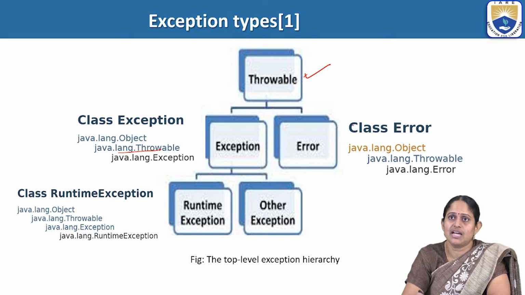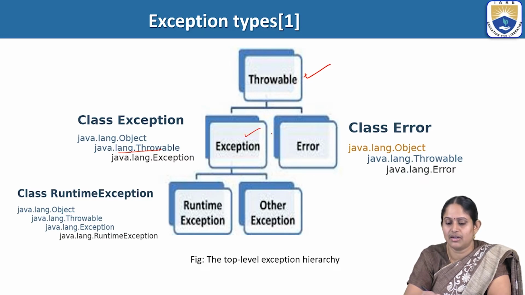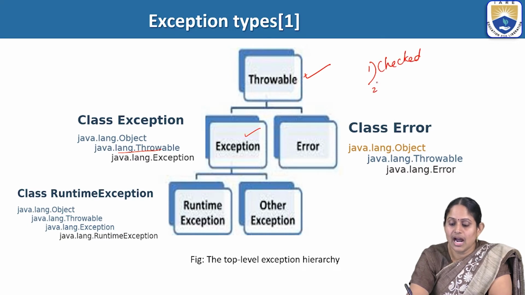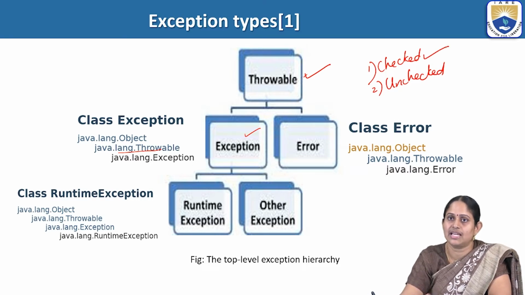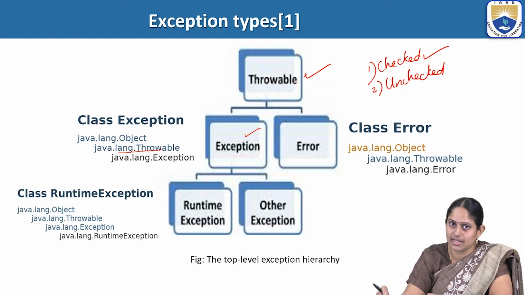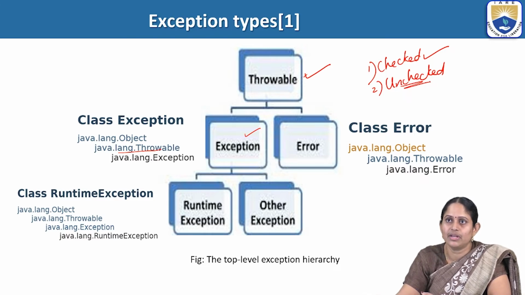All the exceptions come under the Throwable class, and they can be divided into 2 types: checked or unchecked exceptions. The checked exceptions are those which are checked at the time of compilation, whereas unchecked exceptions are checked during runtime.